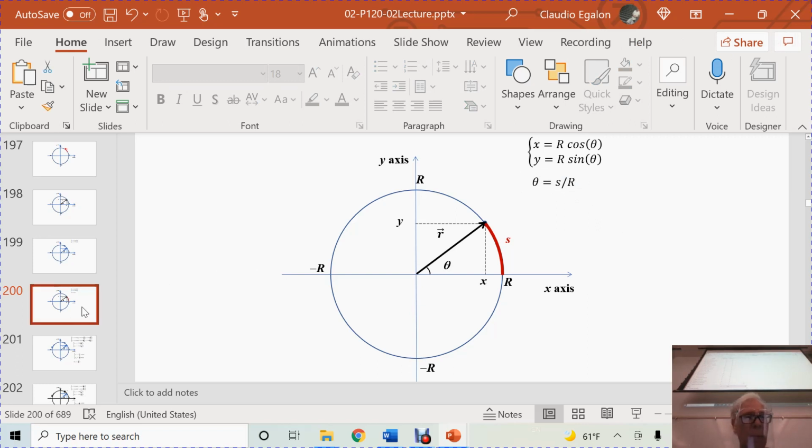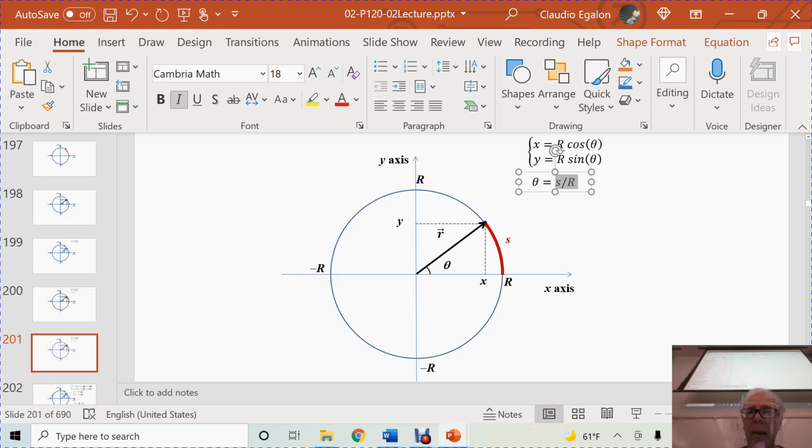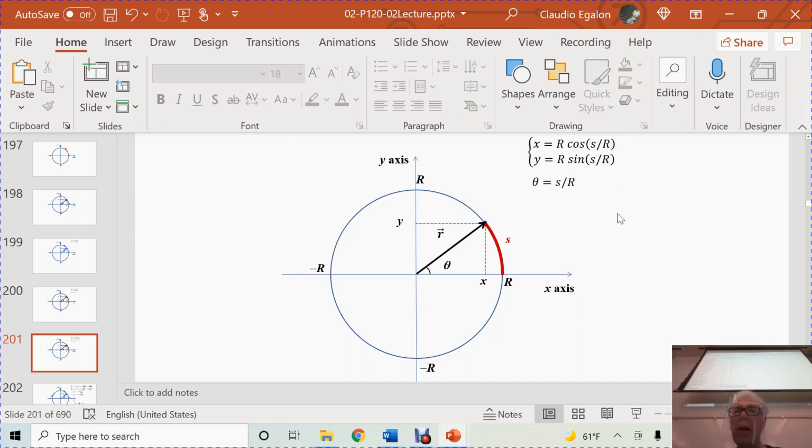I'm writing the equations of motion of my particle undergoing uniform circular motion. I still didn't use the idea of uniform circular motion, hang in there, but I'm using the relation for the angle theta right in here.